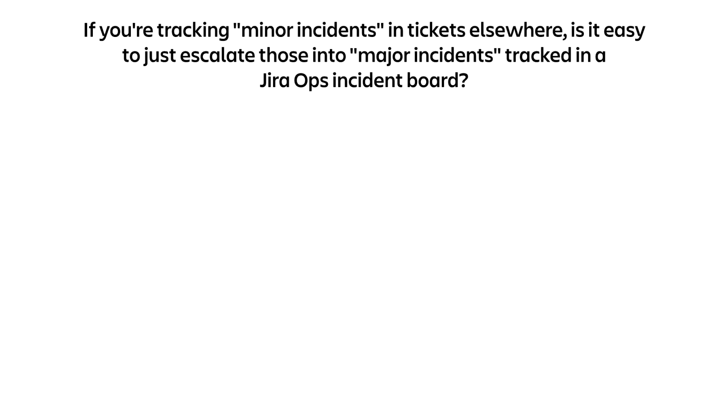And then also in the Jira Service Desk, or whatever tool you're using to track minor incidents, you would flag that, hey, we've graduated this incident up to a major incident in Jira Ops. Here's the link where you can find it. So you could certainly link those issues together yourself right now.